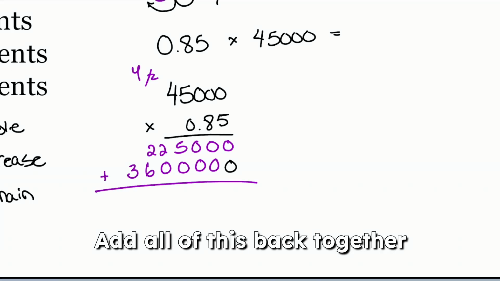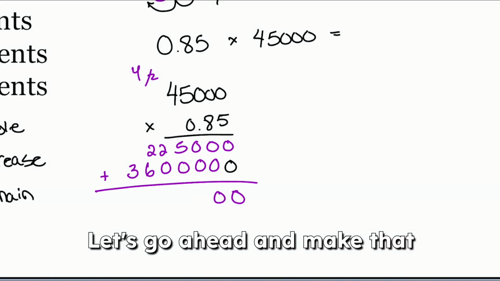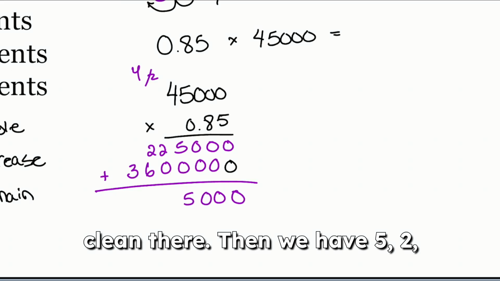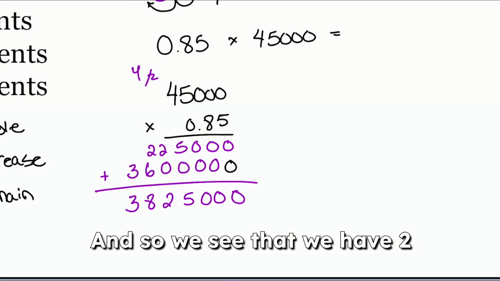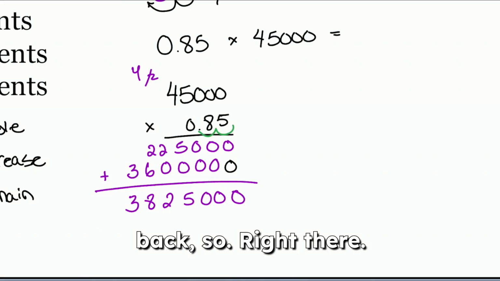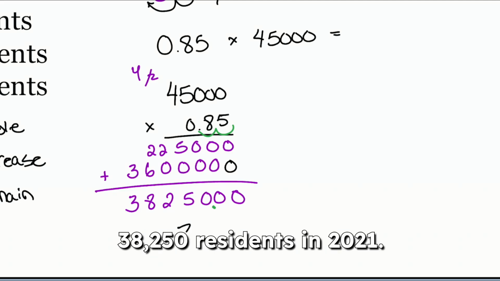Add all of this back together, and we'll get 0, 0, 0. Let's go ahead and make that clean there. Then we have 5, 2, 8, and 3. And so we see that we have 2 decimals that we need to move back. So right there.